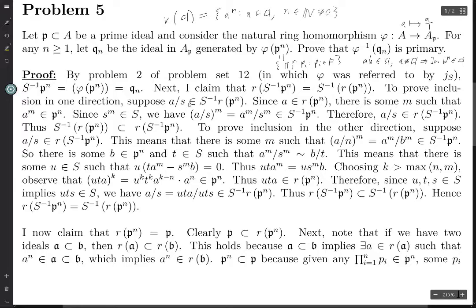Now, s to the m is going to be in S by closure under multiplication. And so if you take this fraction and raise it to the m, you get a to the m over s to the m, which is in S inverse P to the n. So therefore there exists some m such that this raised to the power of m is in here. That's what it means for this fraction inside the parentheses to belong to the radical, just using the definition. Therefore we have inclusion in the one direction, because any element of here is in here.